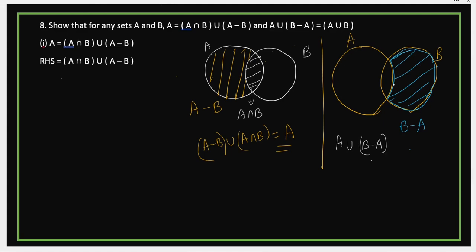This complete A and this blue portion. This is what? You guessed it right. A union B, the complete area of this. Okay, this is A union B. Through a Venn diagram, you can show it like this. Just to show, so you will appreciate the Venn diagram representation of sets. That's why I'm showing you.